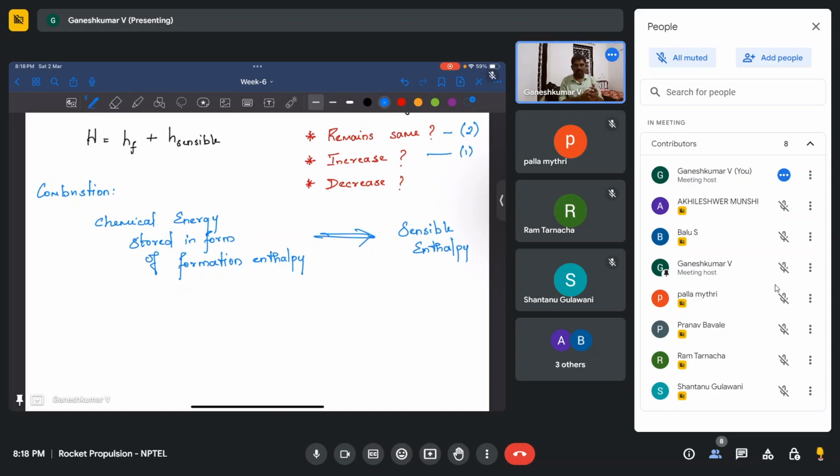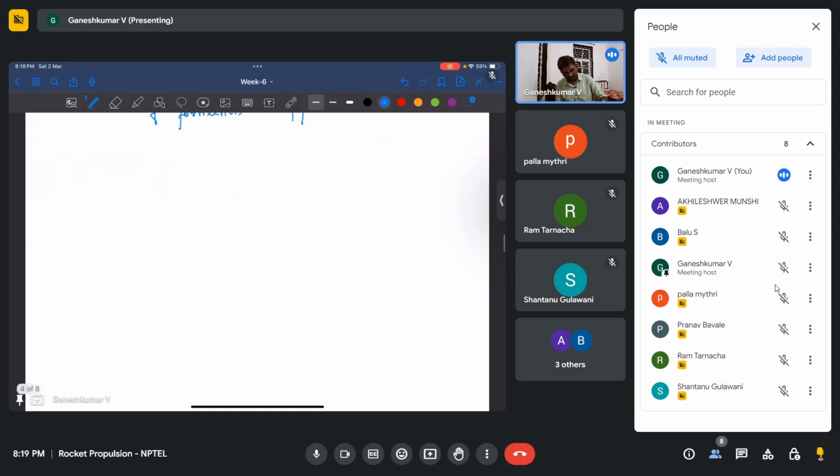Ideally, if you see the enthalpy of the propellant mixture and also the enthalpy of the products upon combustion, they both will remain the same. Only thing is the temperature rises. So if the temperature rises, it doesn't automatically mean that enthalpy will increase. For example, let me draw a bar diagram, which would be easier to understand. So this is total enthalpy.